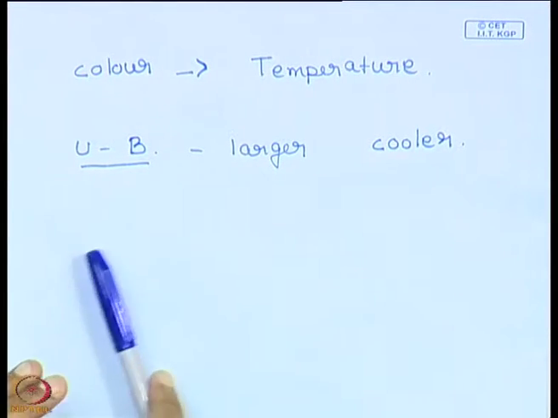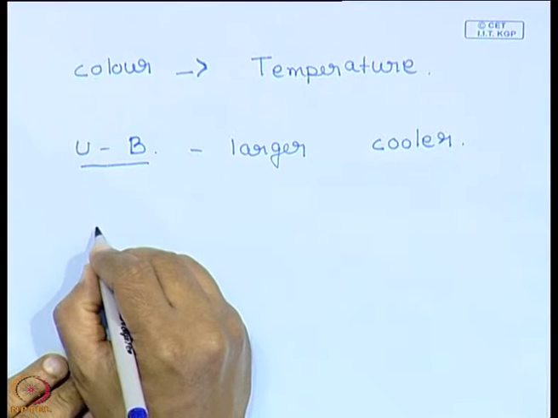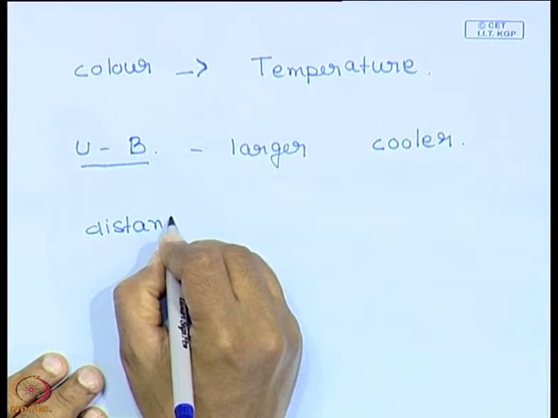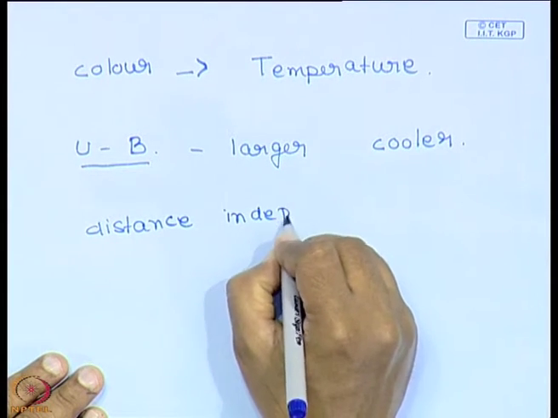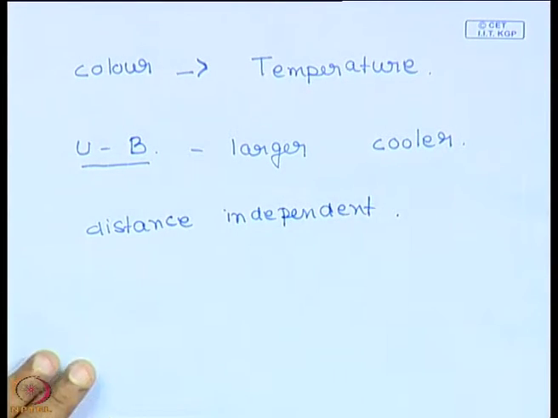So, the color gives an estimate of the temperature. The color information is independent of distance. Since it is a ratio of fluxes, it is distance independent.